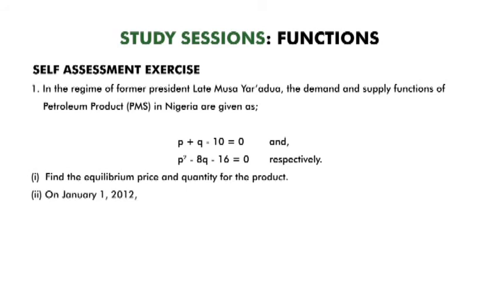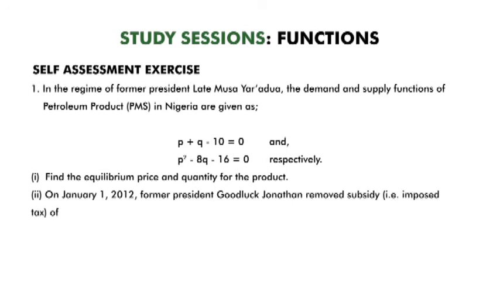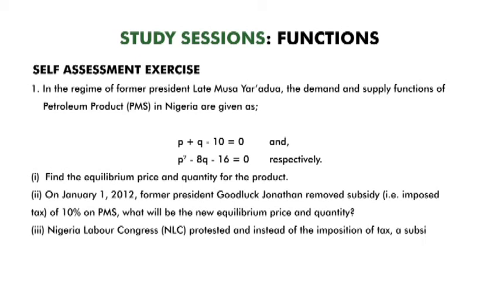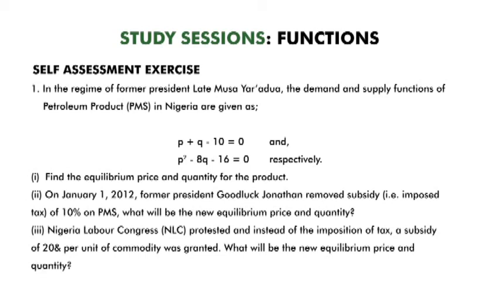On January 1, 2012, former President Goodluck Jonathan removed subsidy, that is, imposed a tax of 10% on PMS. What will be the new equilibrium price and quantity? 3. Nigeria Labour Congress (NLC) protested, and instead of the imposition of tax, a subsidy of 20% per unit of commodity was granted. What will be the new equilibrium price and quantity?